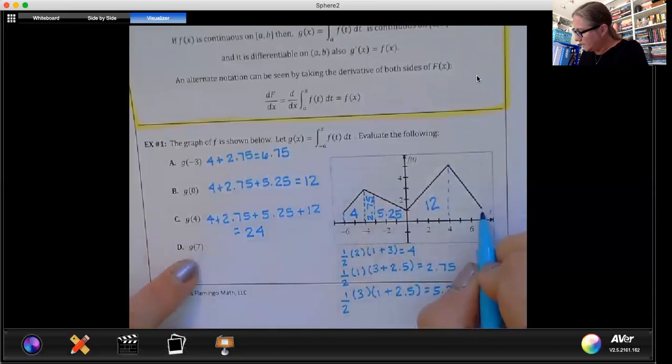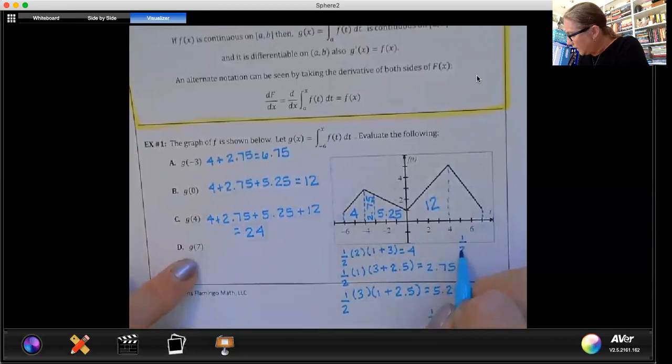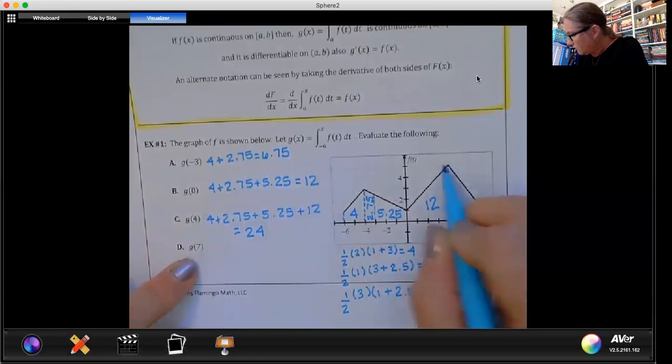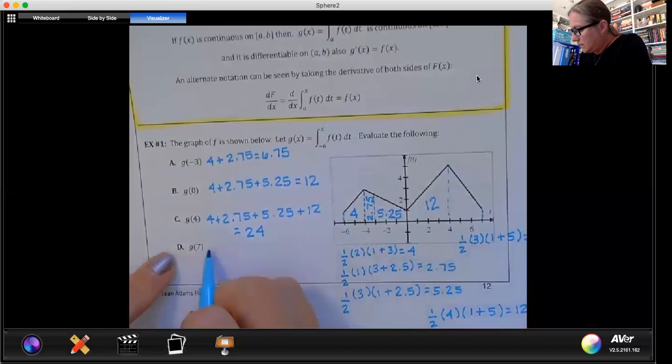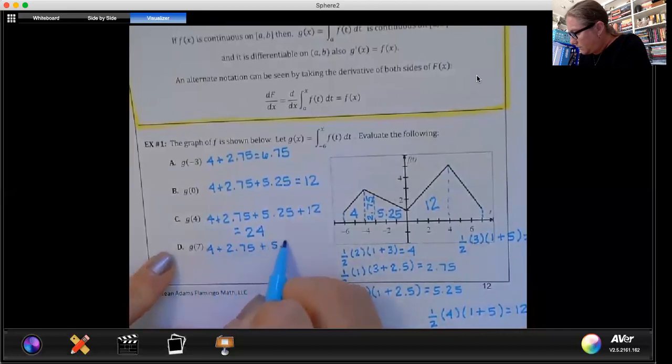And then over to 7, we have another trapezoid. So 1/2 the height, 1, 2, 3, times the sum of the bases, 1 plus 1, 2, 3, 5. So that would be 6. 6 divided by 2 is 3, and 3 times 3 is 9. So 4 plus 2.75 plus 5.25 plus 12 plus 9 is 33.